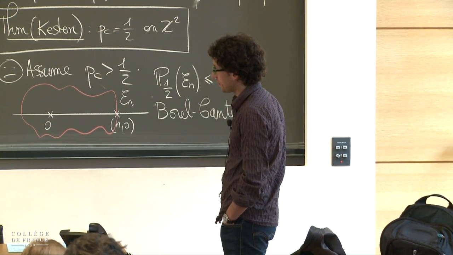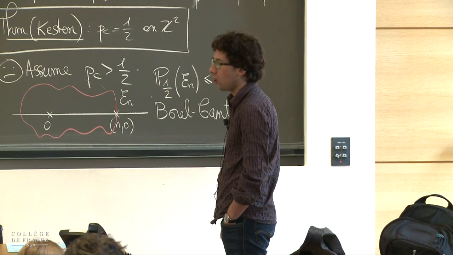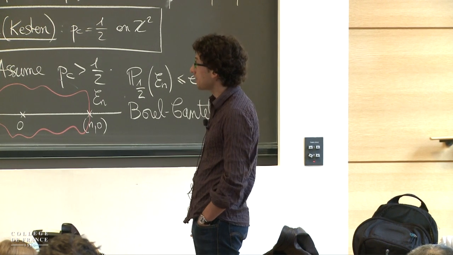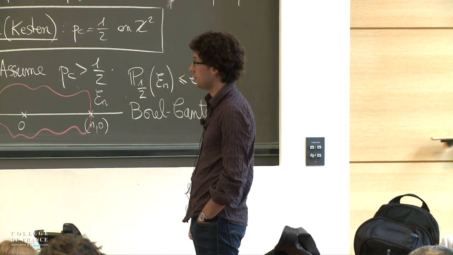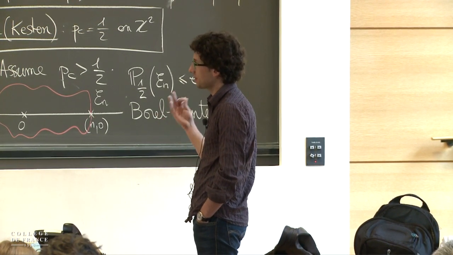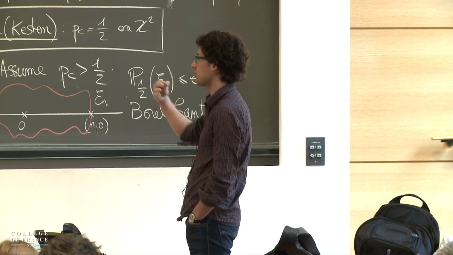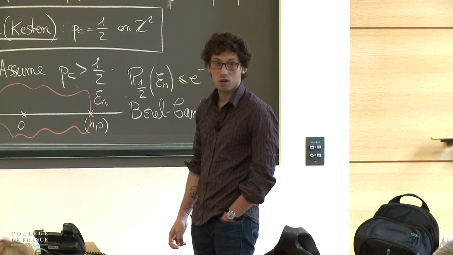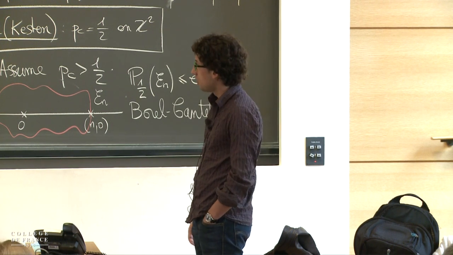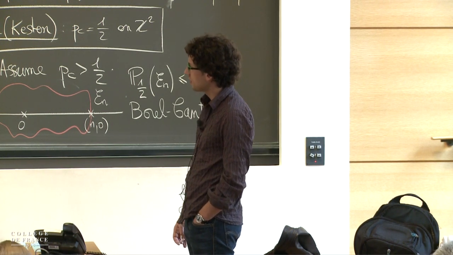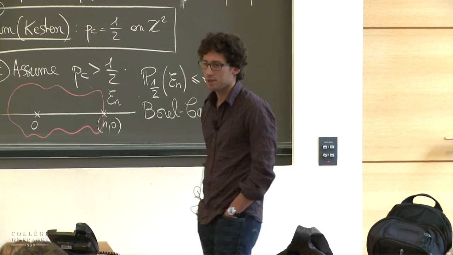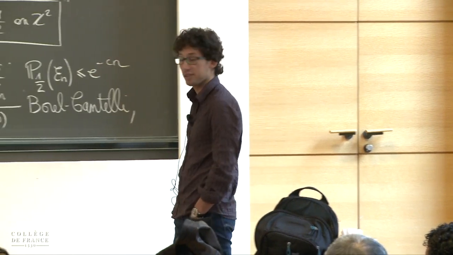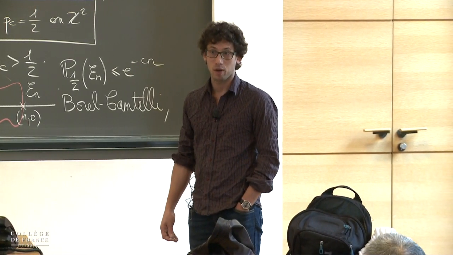And in fact, this comparison should hold up to d equals 6. Problem is that technically it's difficult. I mean, you have convergent series and things like that, and you manage to prove they are convergent only for d larger or equal to 19. And that's the reason why it's only for large dimension. It was improved, I think, 3 years ago to 15, but there is still a long way up to 6, but at least conceptually, we understand why 6 is a barrier.